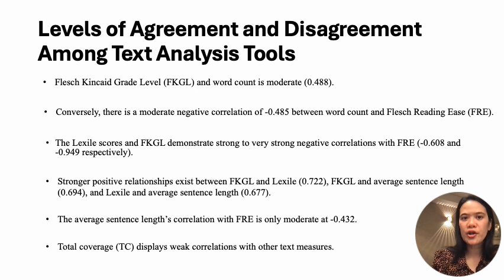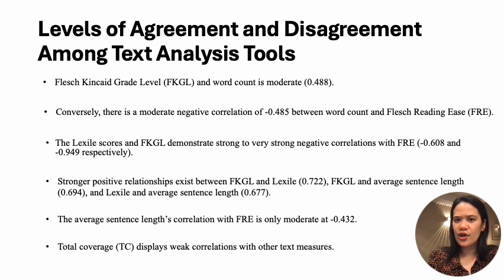Word count has moderate correlations with Flesch-Kincaid grade level and Flesch Reading Ease score. Flesch-Kincaid grade level and Lexile have strong negative correlations with Flesch Reading Ease score. Negative correlations because the higher the Flesch Reading Ease score, the less difficult the text is.